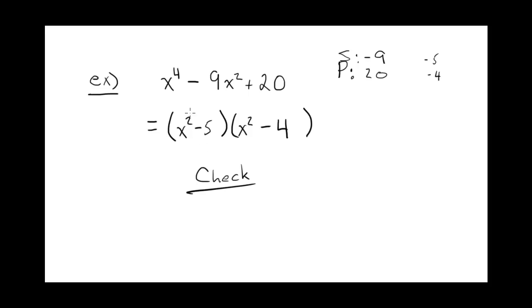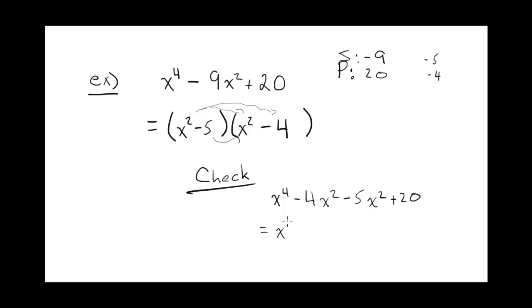X squared times x squared is x to the 4, x squared times negative 4 is minus 4x squared, negative 5 times x squared is negative 5x squared, and negative 5 times negative 4 is plus 20.